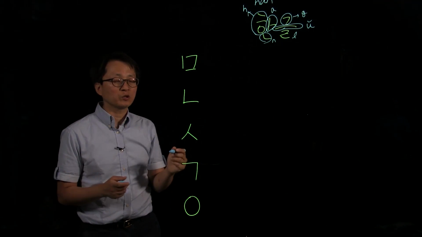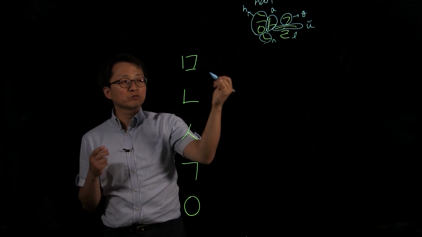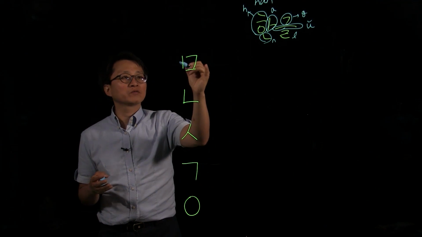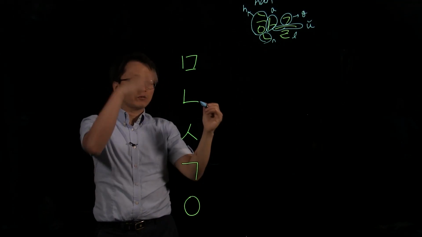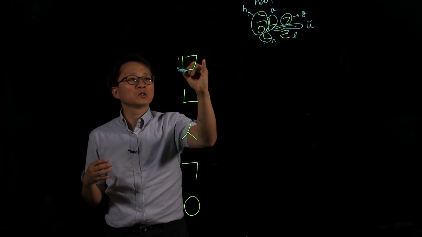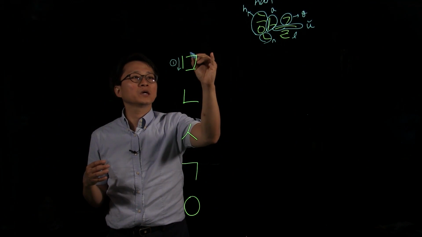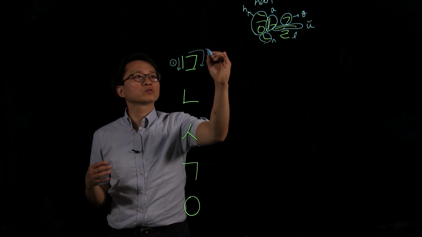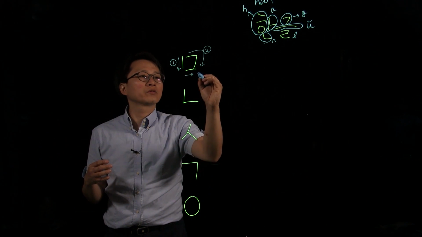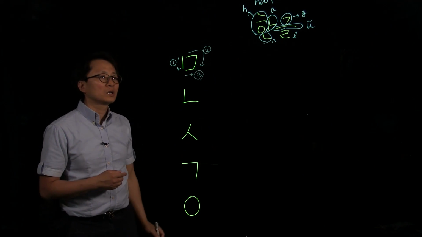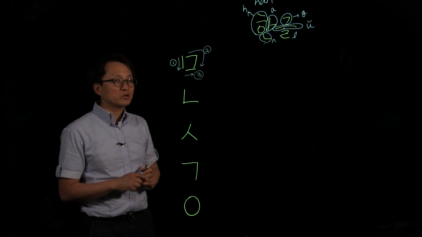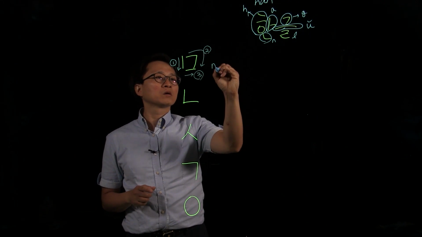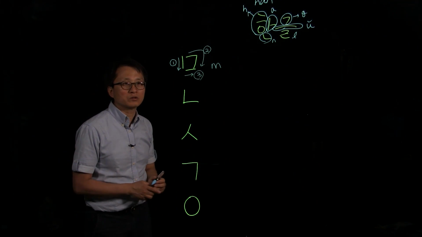So let me introduce this first one, this square shaped one. The same principle goes here too. When you write Hangul letters, you have to write from left to right and top to bottom like this. So this is 1 stroke, and this is 1 stroke. So 2, and this is the 3rd stroke. And its sound value is something like m sound.